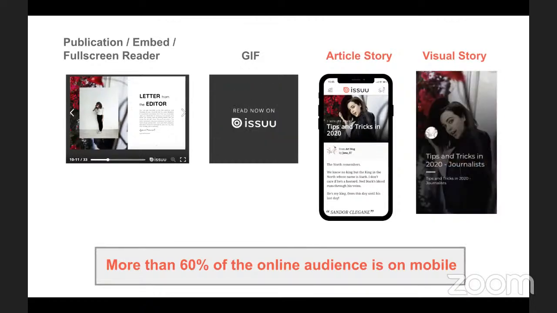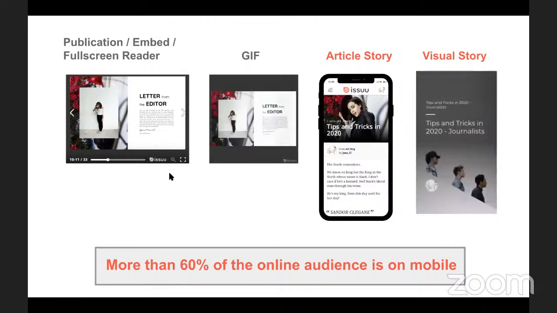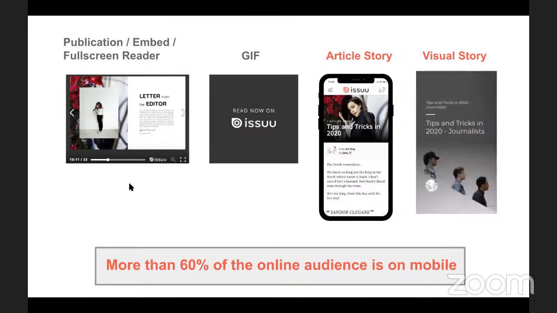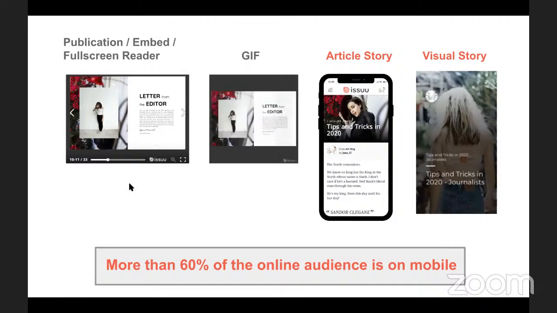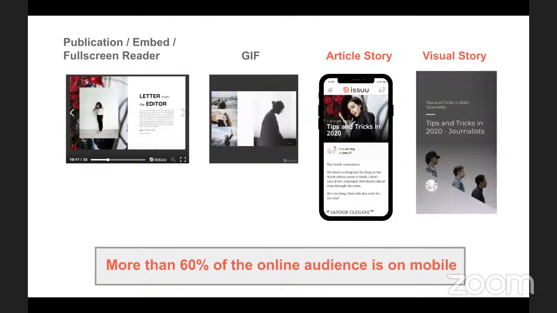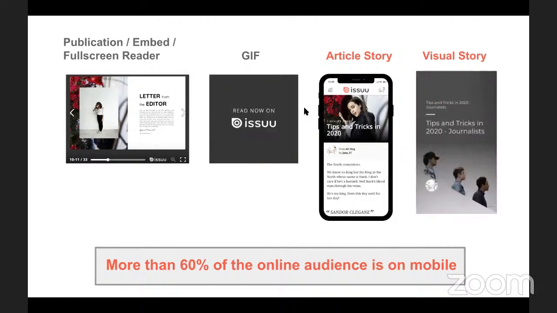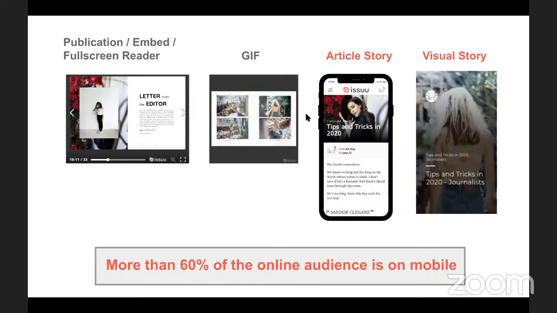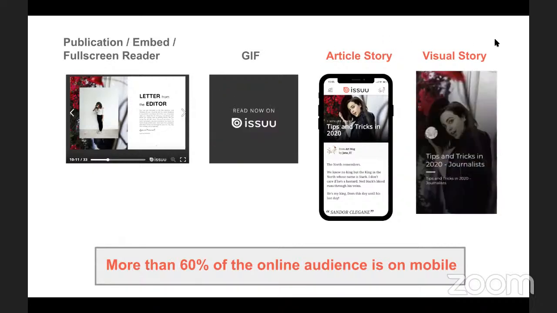On the next slide, you can see how you could transform your content into different asset pieces from your original document. On the left-hand side is the traditional Issuu reading experience, how you would see it in an embed, a full screen reader, or as a publication on your Issuu profile page. On the right-hand side, you can see how it looks if you translate it into a GIF, an article story, and a visual story.